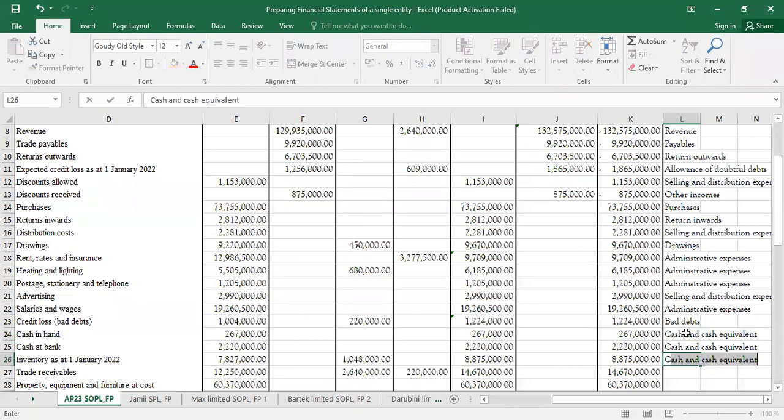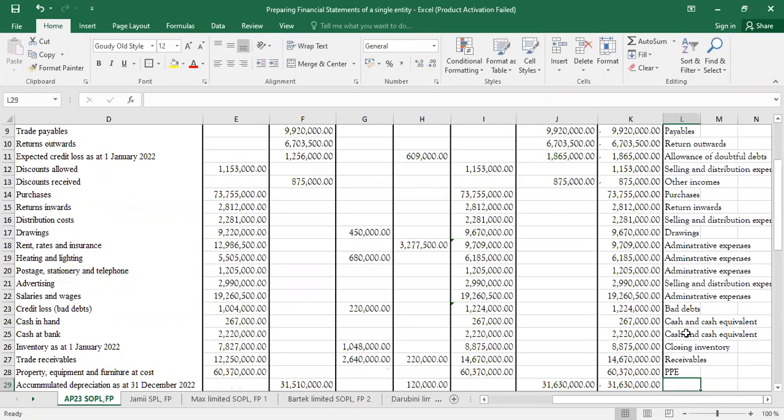Inventory. This one I'll write closing so that I'm very careful. Closing inventory. Then we have what else? We have trade receivables. Just as to name, I just call them receivables. This one is property, plant, and equipment. Maybe I'll just use the abbreviation so that we go faster.